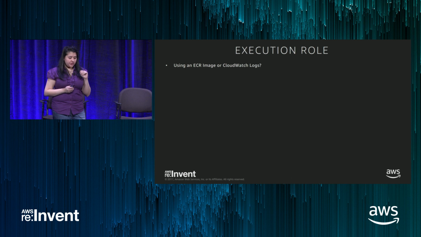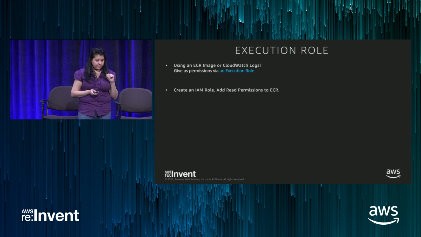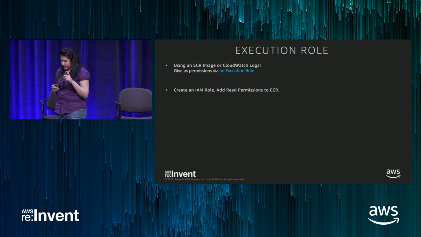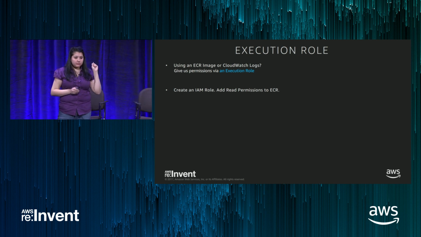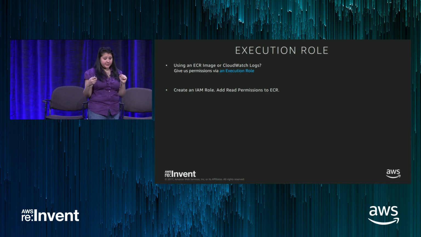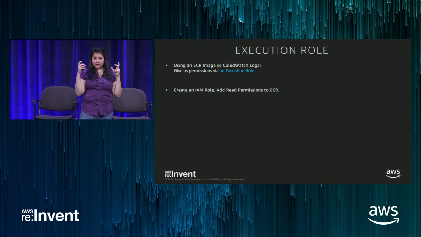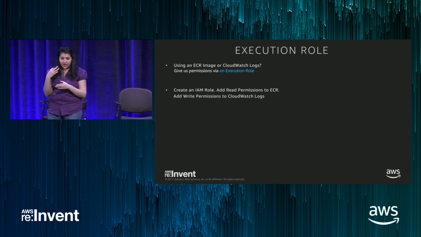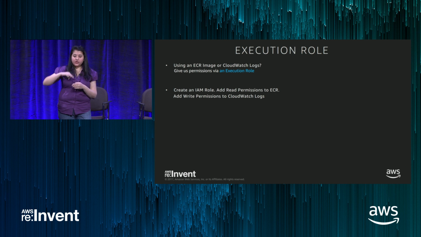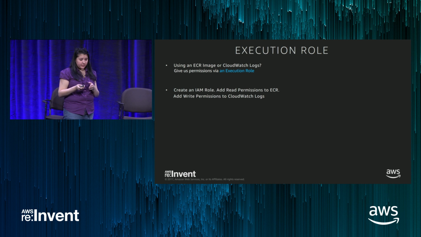So looking at the execution role first. Again, the execution role is used for ECR image pull and CloudWatch logs pushing. Similar to the task role experience, you'll go into the IAM console, create an IAM role, and add the necessary permissions to read from ECR if you're using an ECR image, or to push to CloudWatch if you're using CloudWatch logging configuration.